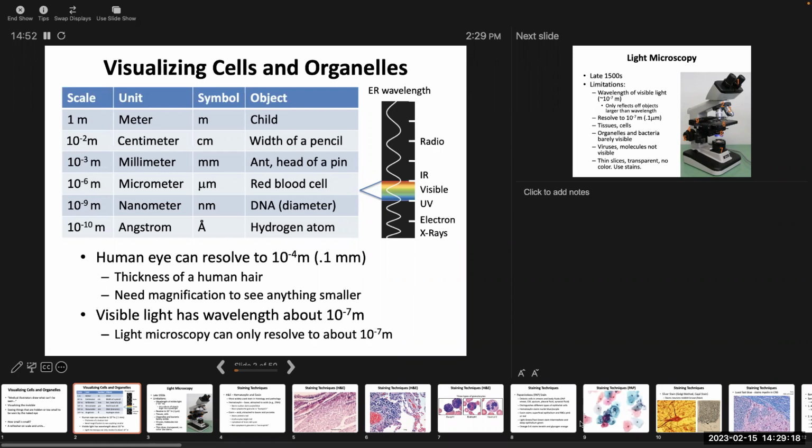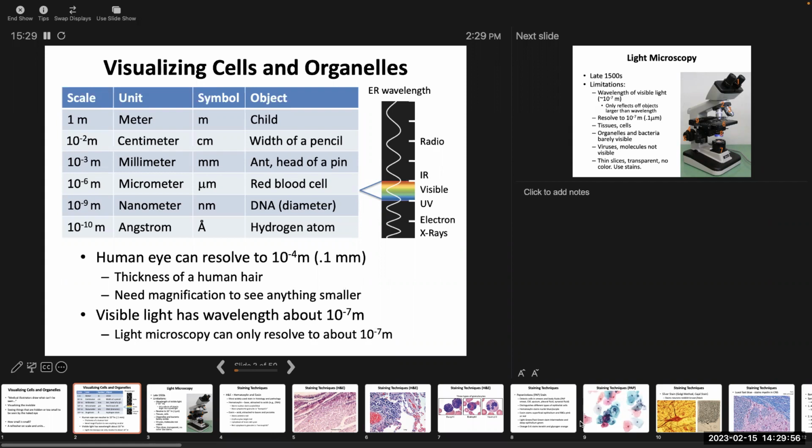And I think I've made that point in here before, that if light can't reflect off the surface of something, you can't see it, because there's no way for that light to reflect off of the object and reflect back to your eye for it to be visible. So light cannot reflect off of anything smaller than a small cell or a small organelle. So anything smaller than 10 to the minus 7 meters. So it is theoretically impossible to actually see anything down at the molecular scale or the atomic scale.